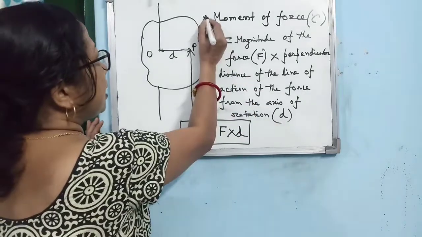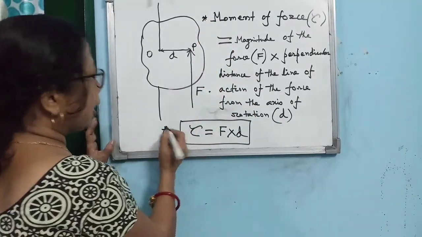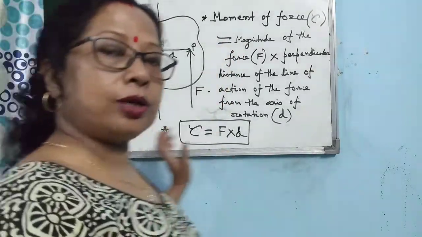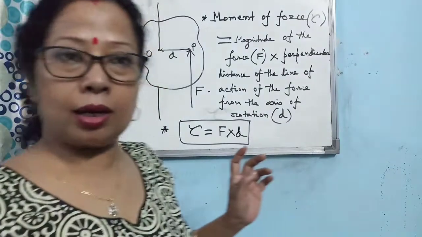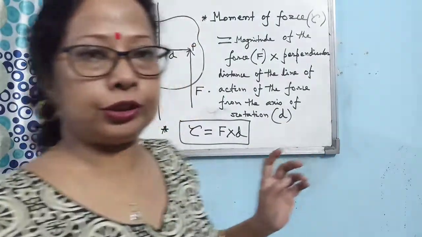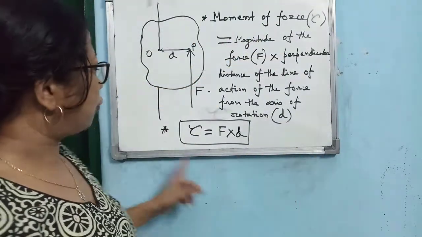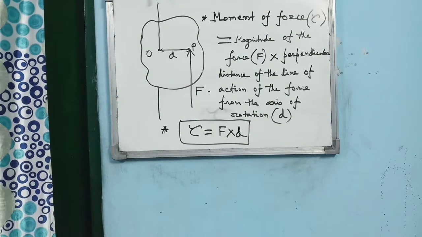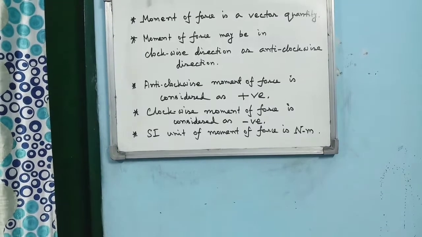So this is the second point, because the first point was condition for rotational motion. So this is moment of force and this is the symbolical representation of moment of force.